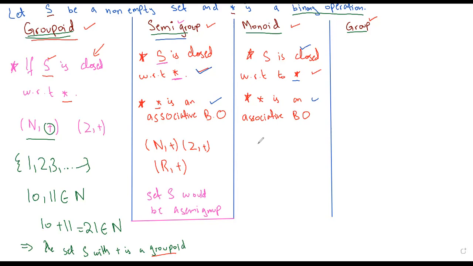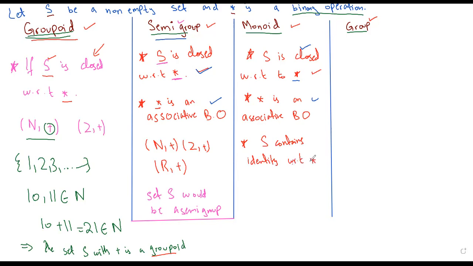Okay. And the last thing is, so far it is a semi-group. We need to have something else for set S to be a monoid. S contains identity with respect to star.